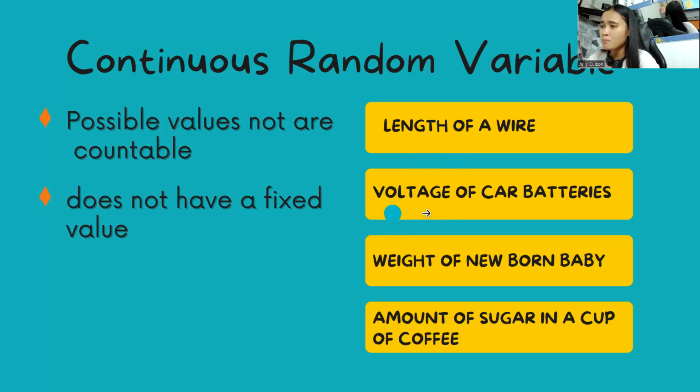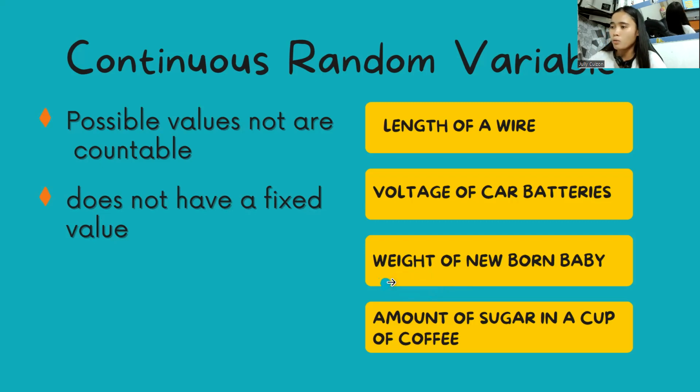Voltage. It is still not specific. Is it a random variable? No, we cannot translate it into a mathematical symbol. Next is the weight of a newborn baby. It has a value, but it is just in an interval.